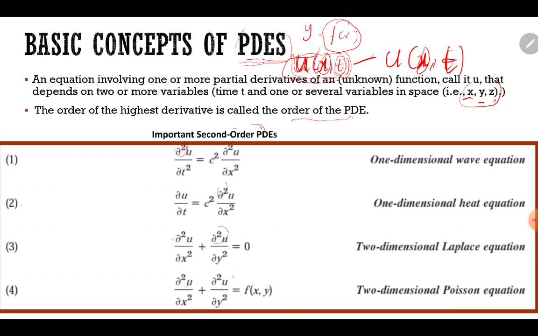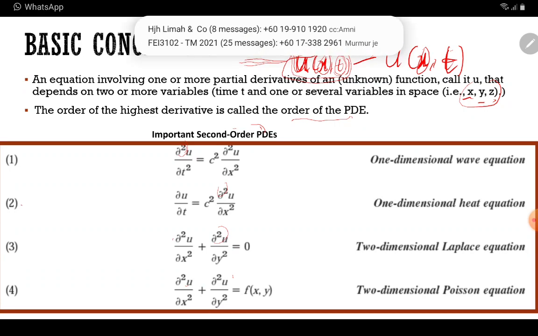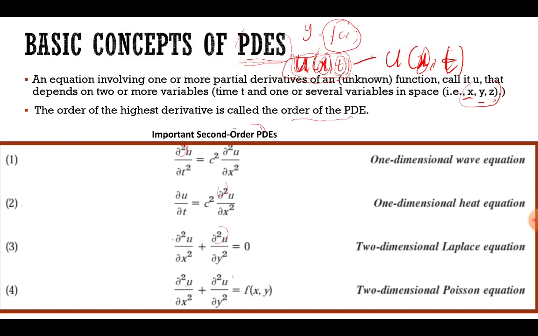The first equation is what we call the one-dimensional wave equation, and the second one is the one-dimensional heat equation.